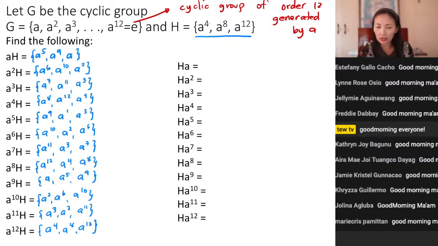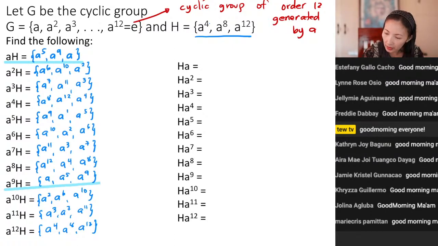Okay, so these are all the left cosets. Which are equal? Let's label the equal left cosets. AH is equal to the one with A to the 5th. A squared H, find the one with A to the 6.